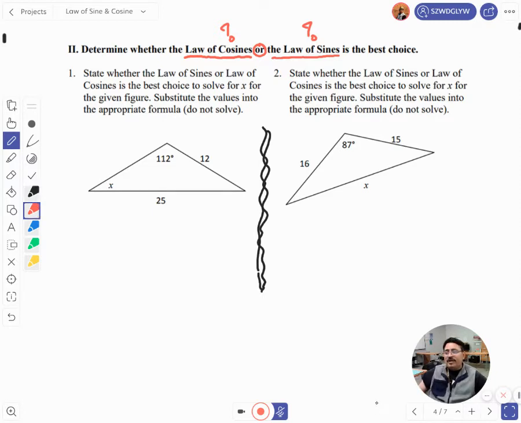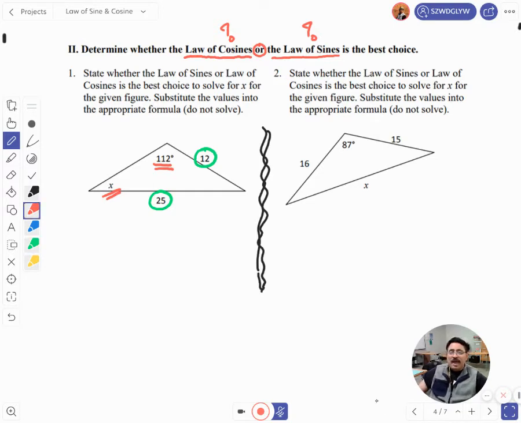I see that x is an angle, 112 is another angle, and 25 is one side and 12 is another side. So here I see that two sides and two angles are given. Let's take the next question.